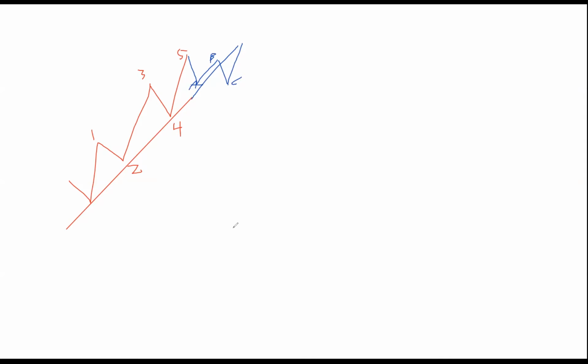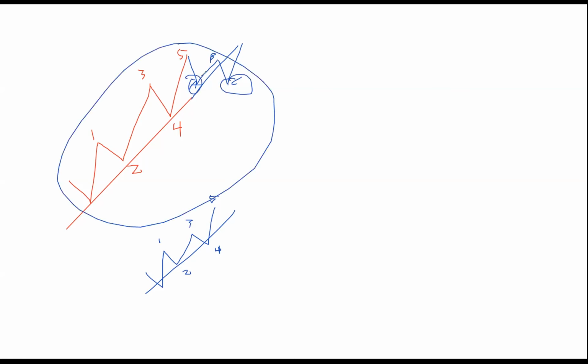The important thing is to understand what? If the market is trending upwards, and then we have those moves, 1, 2, 3, 4, 5, and the market starts to correct itself, if C creates a lower low than A, then we have to keep in mind the structure.